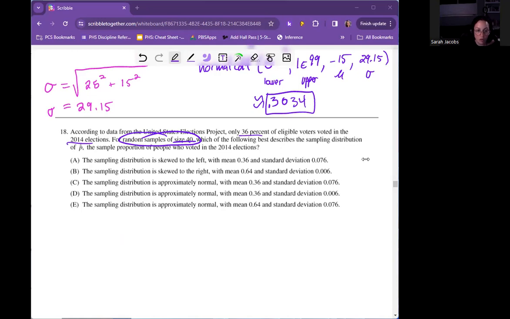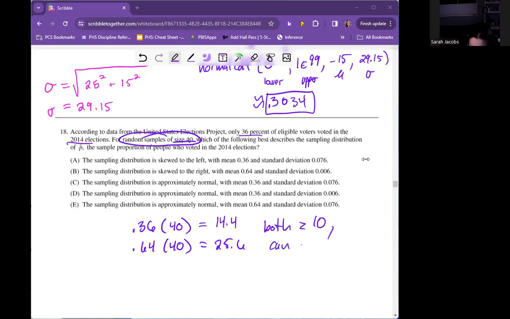To decide whether this is going to be normal or not, we have to be expecting that 36% of 40 is greater than 10. 0.36 times 40 is about 14.4. And then 1 minus 0.36, or 64% of 40, is greater than 10, which it is, so 25.6. Since both are greater than or equal to 10, we can assume normal.